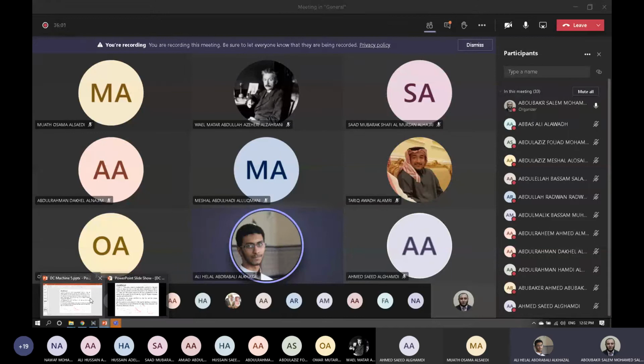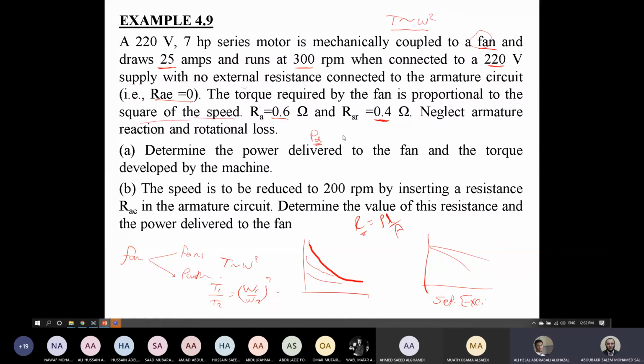We can find the power used by the fan from the torque and the speed, or using the volt and amps. Do we have torque and speed here?